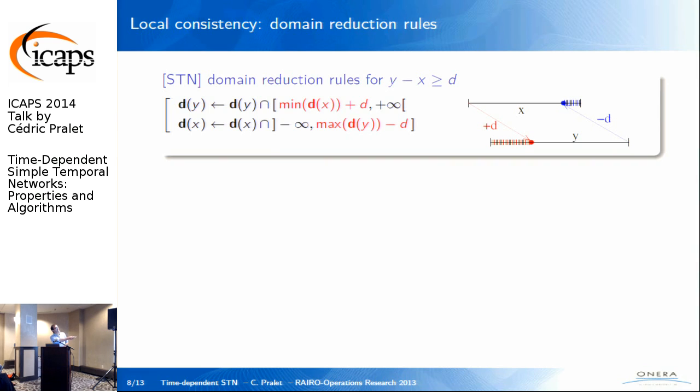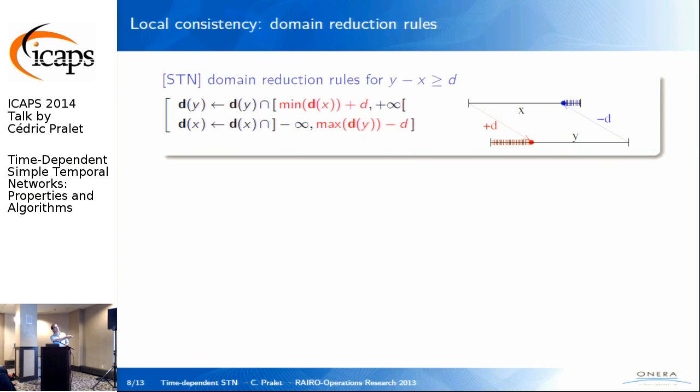In standard STN, when you have a constraint like this, y minus x greater than d, you use what are called domain reduction rules, saying that the minimum value in the domain of x may have an influence on the minimum value of time point y, and similarly, the maximum value in the domain of y may have an influence over the maximum value in the domain of x.